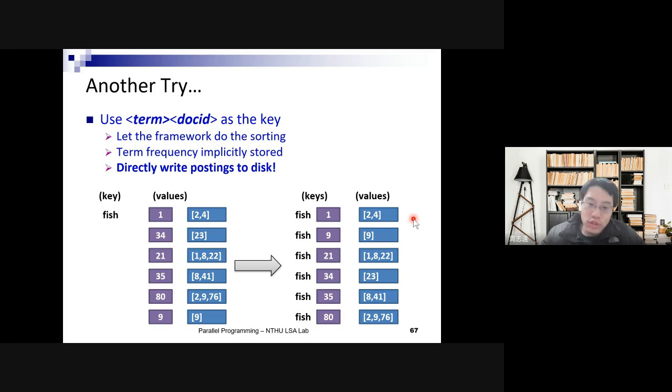If you want to do the sorting, you should leverage the framework to do the sorting for you, because the MapReduce sorting is on the disk. It's scalable. It doesn't rely on abundant memory, so it's not limited by the data size.